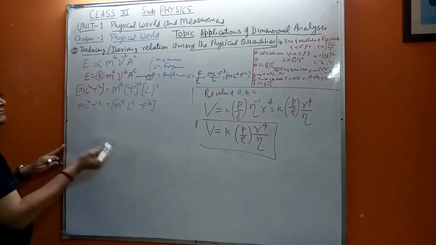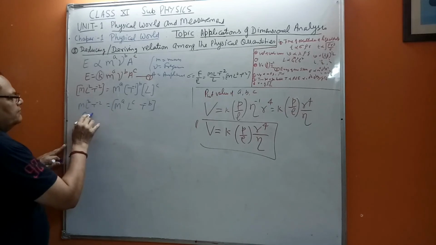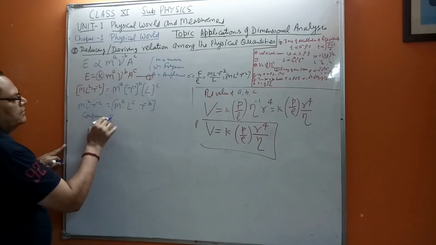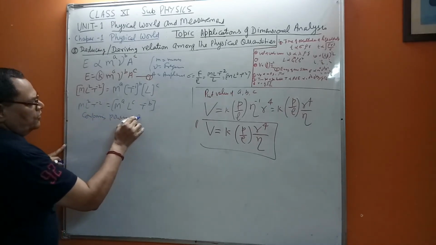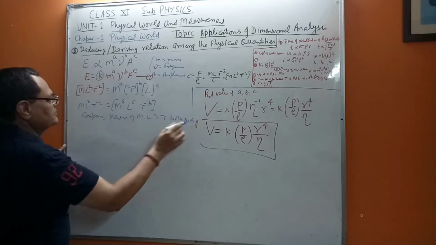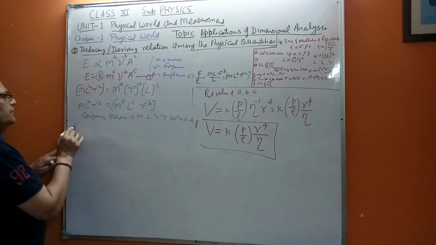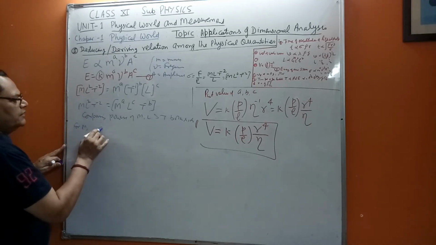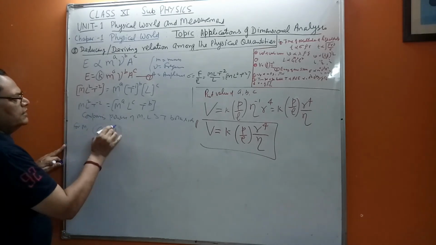So simply compare. When you compare the powers of M, L and T on both sides, for mass M, a is equal to 1.